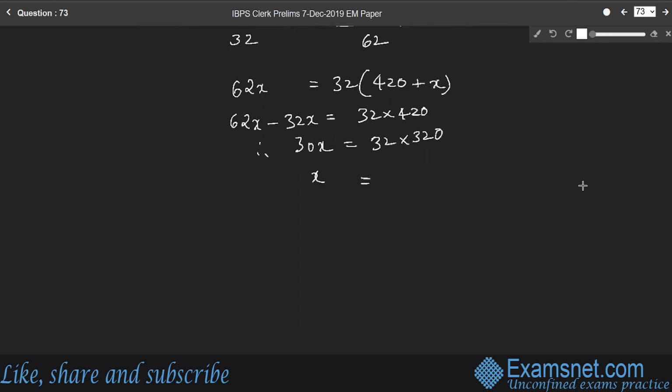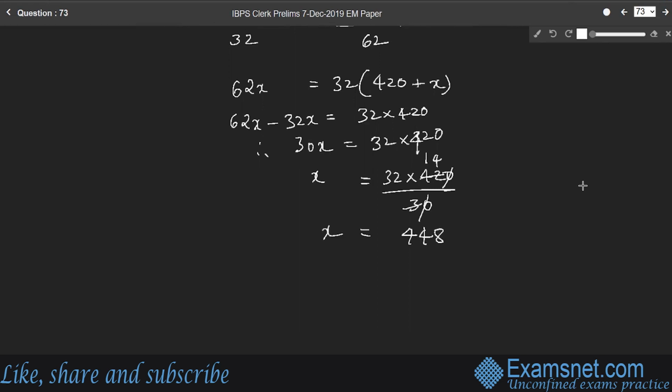x is equal to 32 into 420 by 30, which is equal to 14 into 32. Therefore, the answer is 448. 14 into 32 is 448.